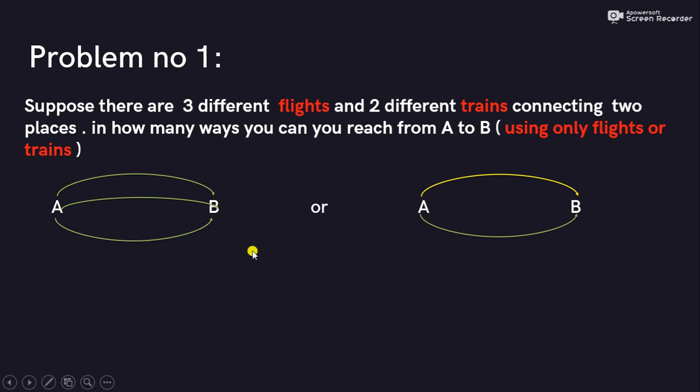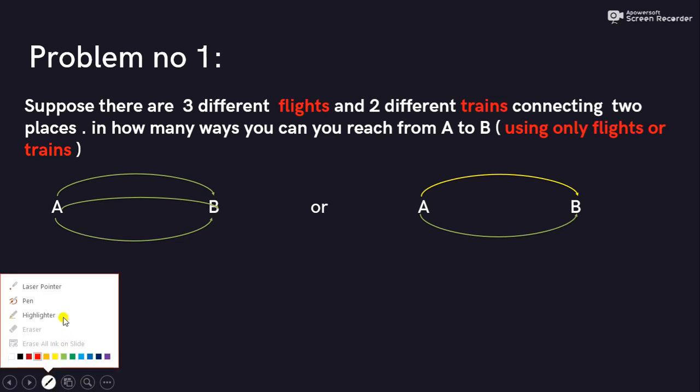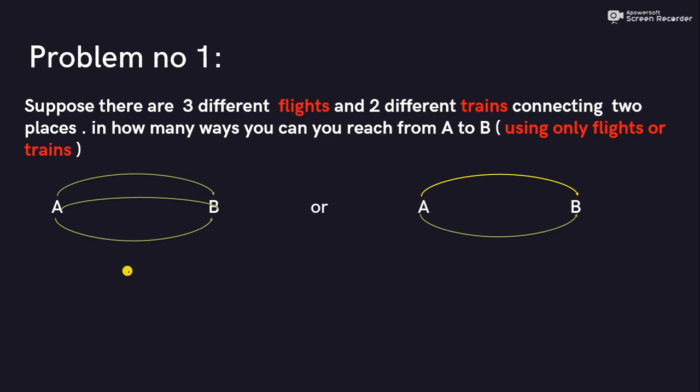So in total how many ways do we have to select a flight or train? Here we have 3 choices and here we have 2 choices. So in total we have 3 plus 2, that is 5 choices.